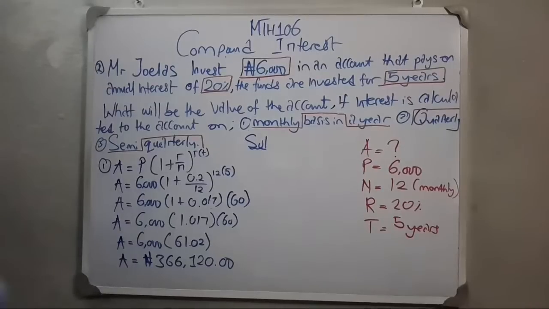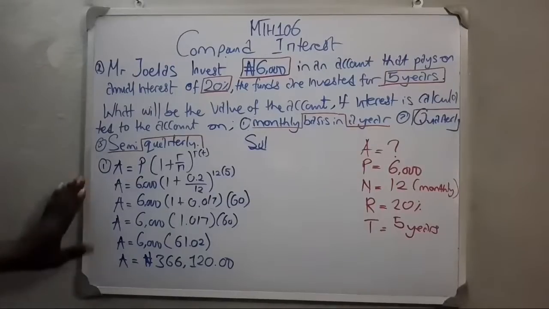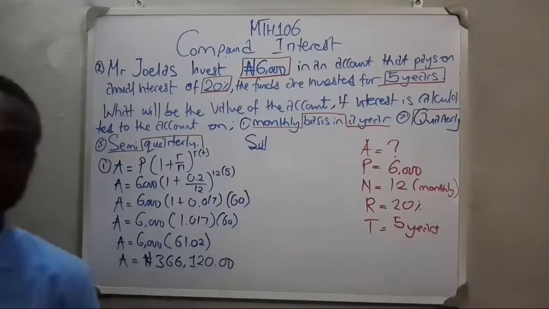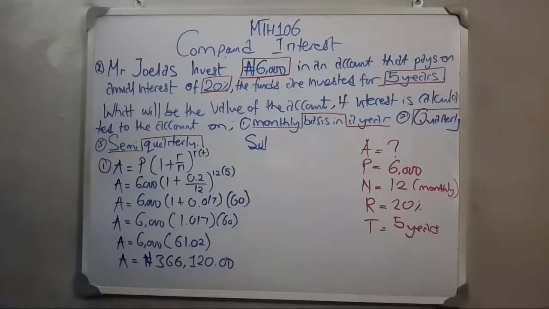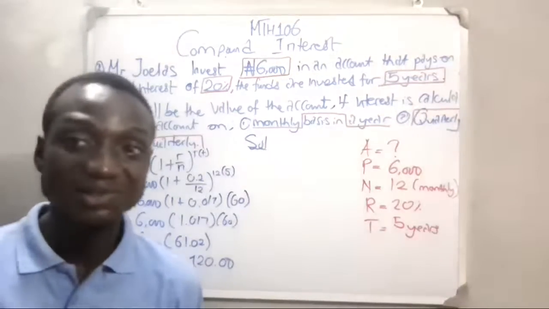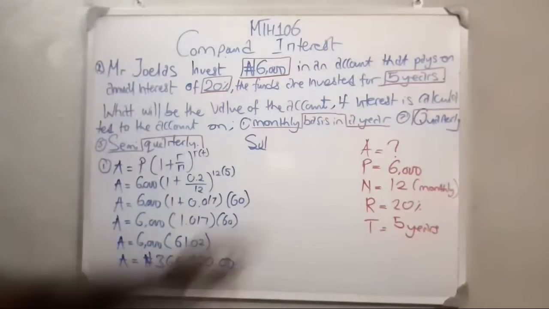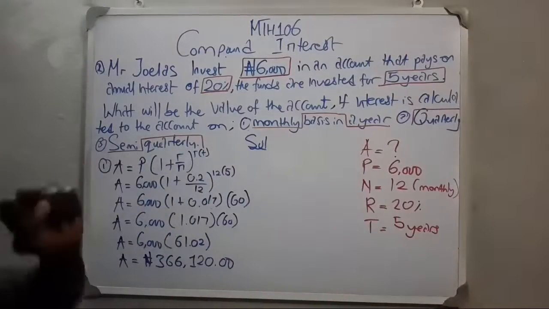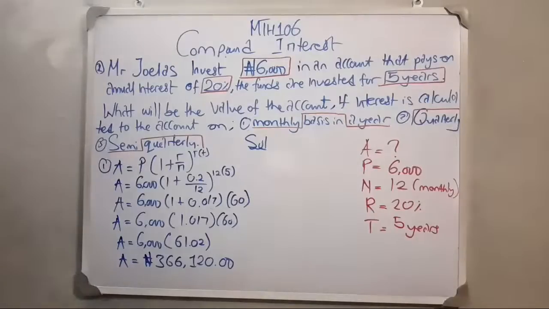For those of us who are yet to understand it, I'll be taking it from the formula part, so let's pay attention and listen. For as many of us who already understand the concept, you can start solving number 2 and number 3. So let's take this again.